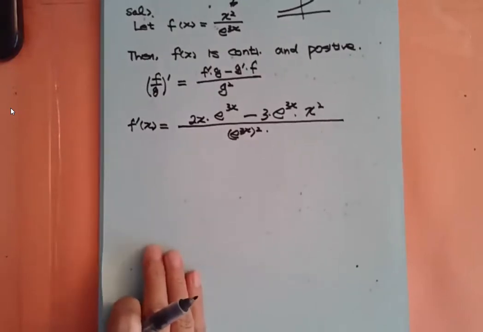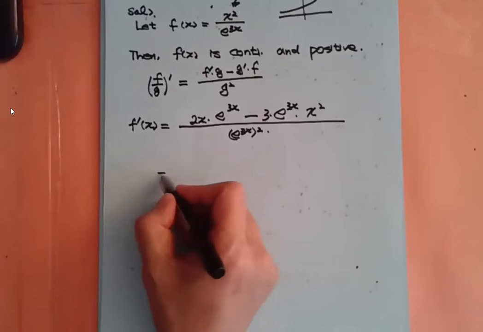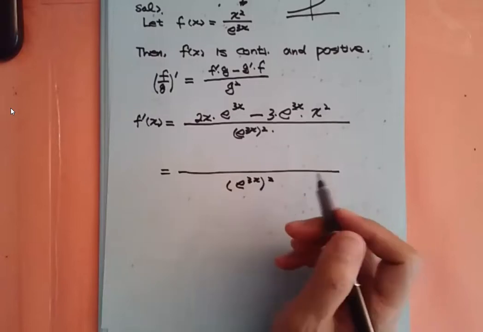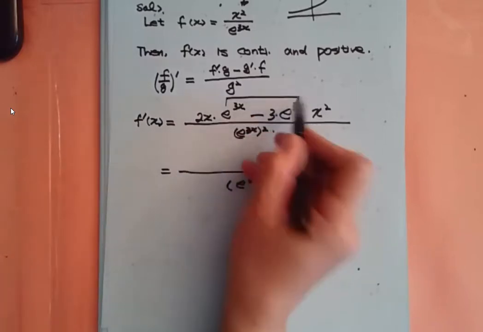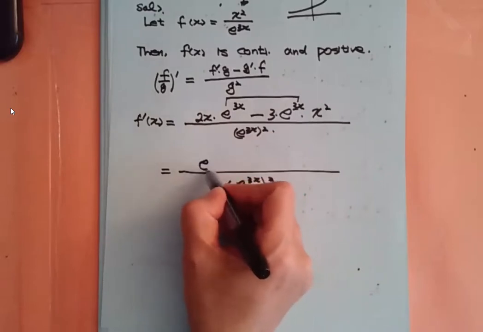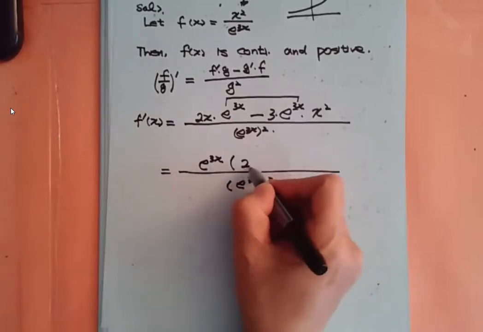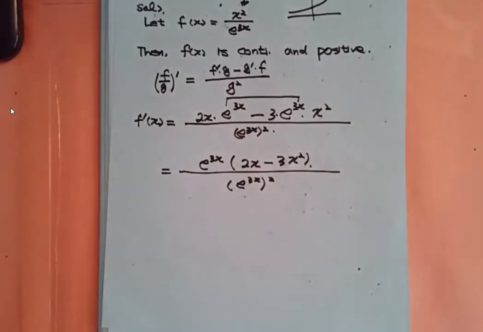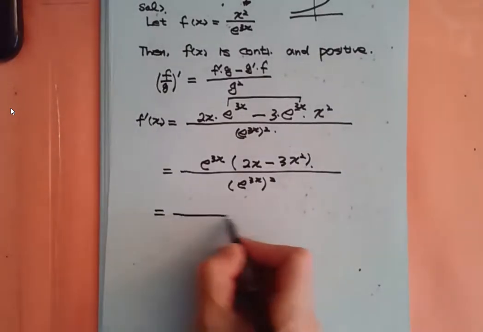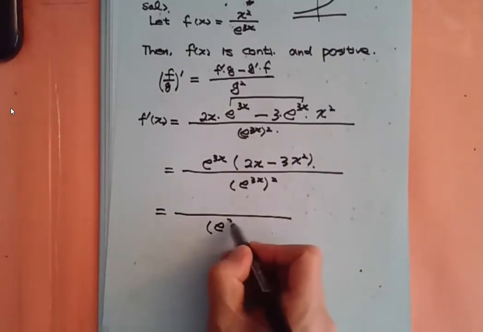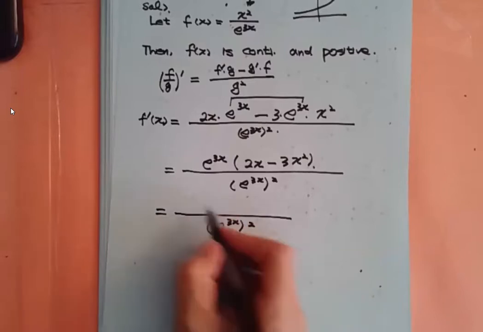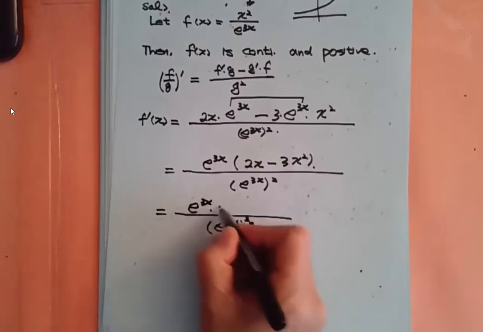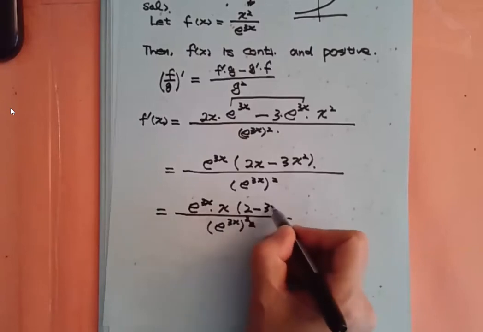So that is the derivative, and e to the 3x squared, and then these two have a common factor, so e to the 3x times open parenthesis 2x minus 3x squared. And we have another common factor, x, so e to the 3x squared, e to the 3x times x times 2 minus 3x.